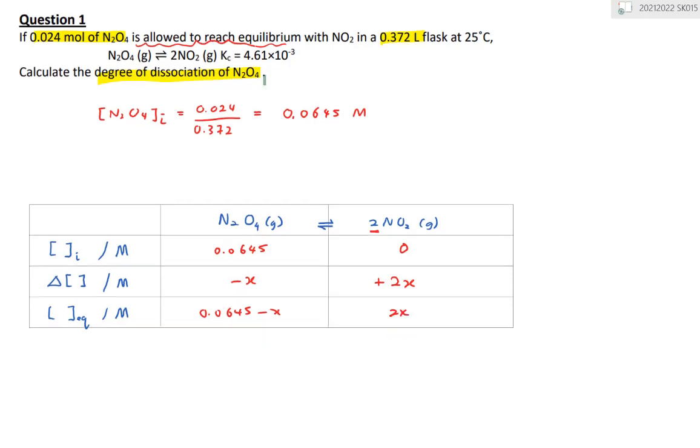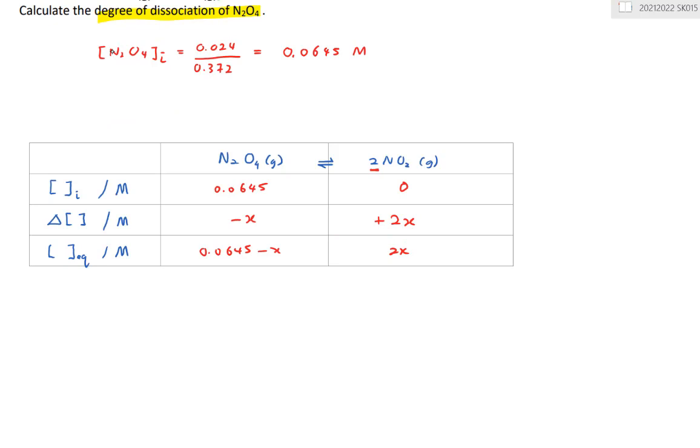In order to find the value of x, if you refer back to the question, it gives you the value of Kc. So that means you need to write the Kc expression, and from the value of Kc, you need to figure out the value of x. So let's try to calculate the value of our x.